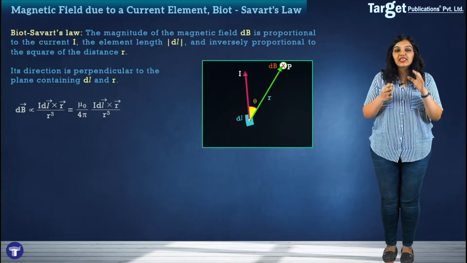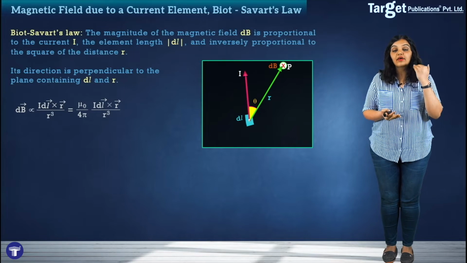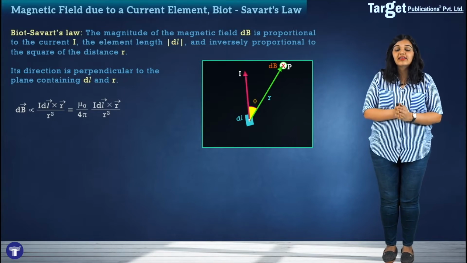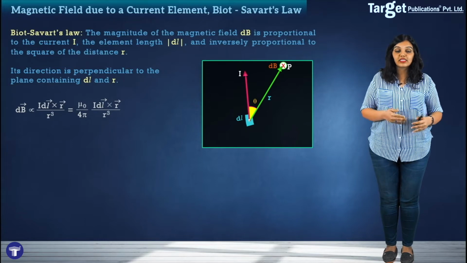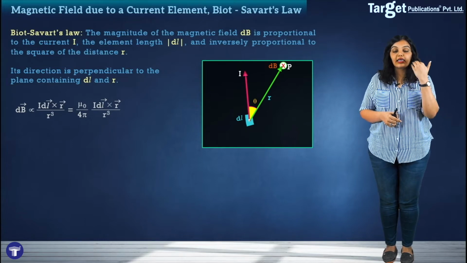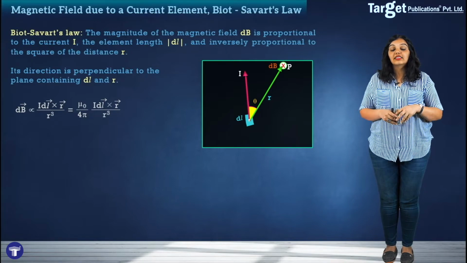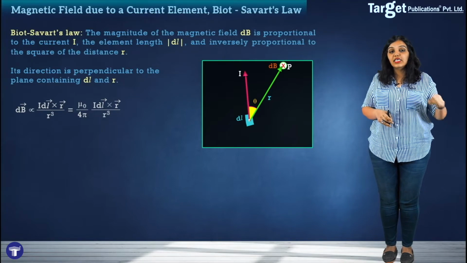And you can see from this formula that the direction of the magnetic field is perpendicular to the plane containing dl and r. How do I know this? Because I see that dB I can find by using a vector product of dl and r, and vector product means that the final answer will be perpendicular to each of the vectors.